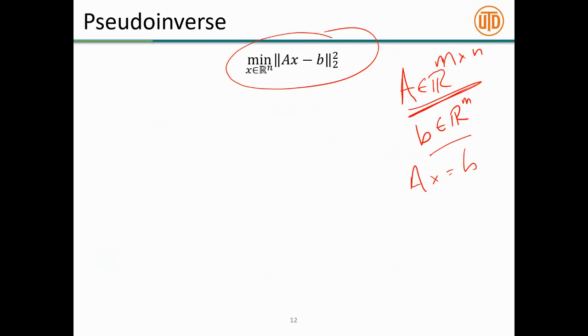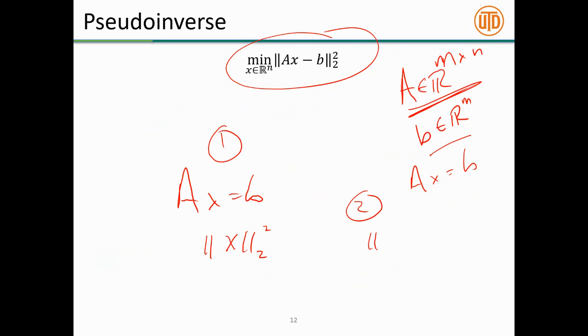If there exists an x such that Ax equals b, the pseudo inverse was the solution of minimum norm. So that was our first characterization. Now we have a second characterization. Regardless of whether or not the linear system has a solution, the minimum of this expression with respect to x is given by x equal to A pseudo inverse b.